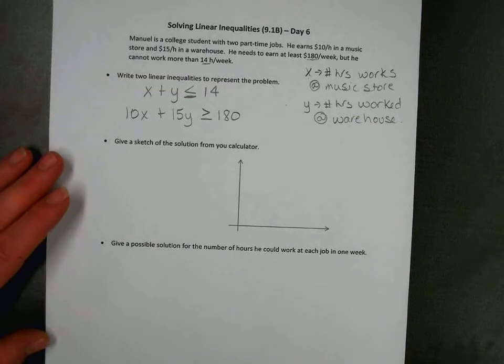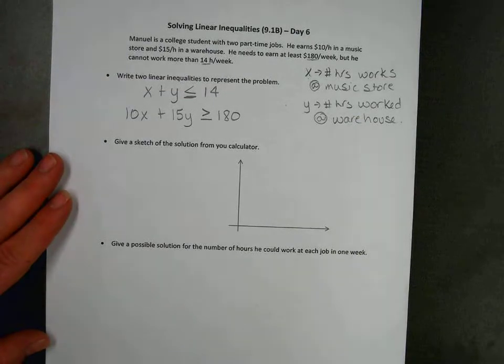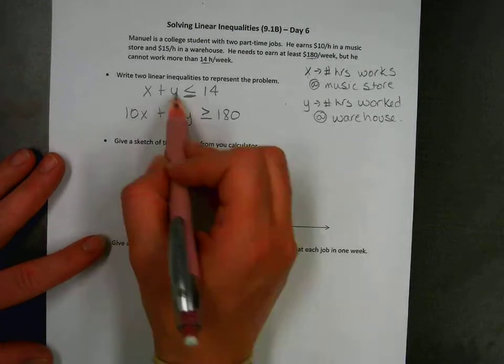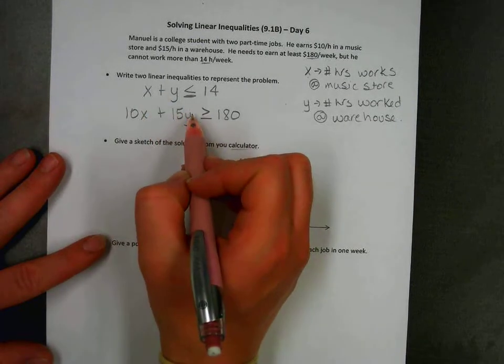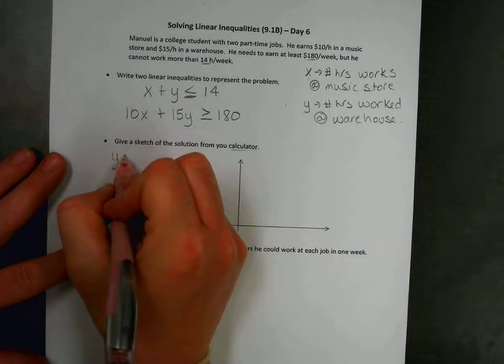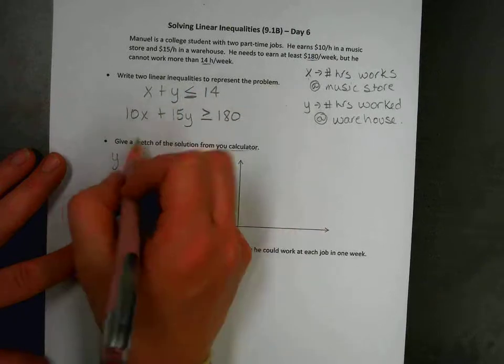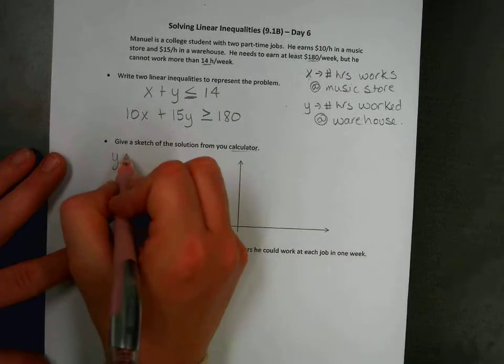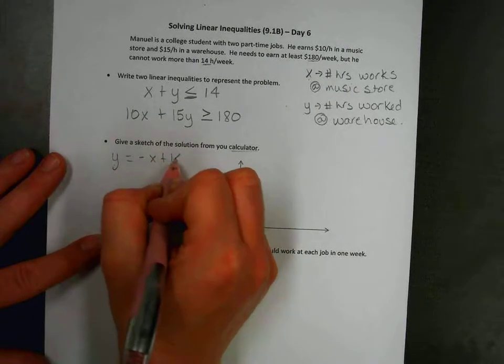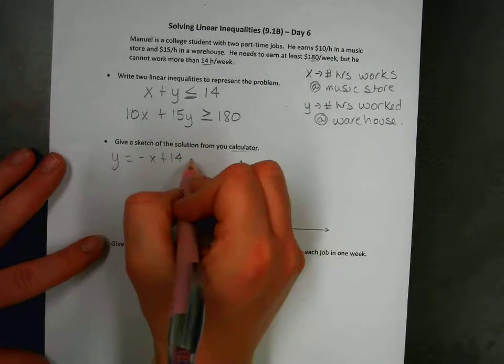All right, so give a sketch of the solution from your calculator. Rather than necessarily using your calculator, you first have to solve both of these equations for y. I'm going to ignore my inequality, and I'm just worried about sketching my lines right now. So I get y equals negative x plus 14. That's one equation.